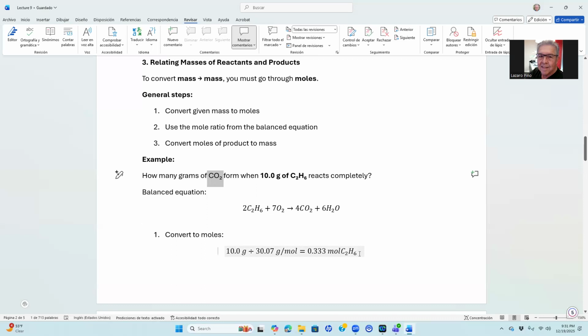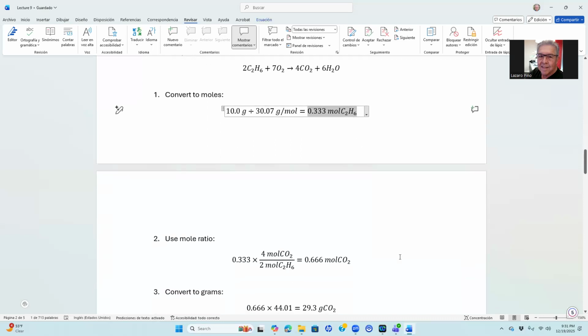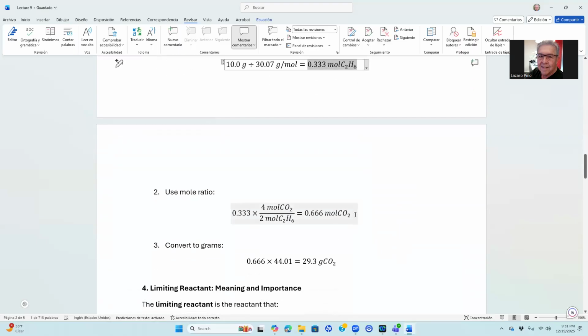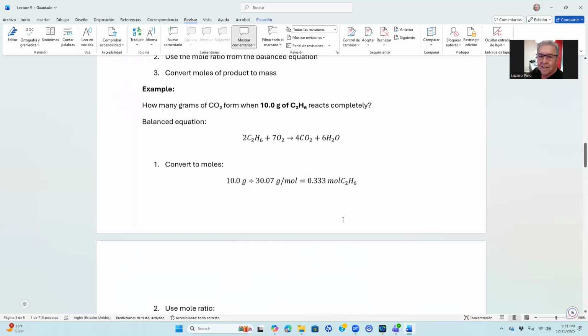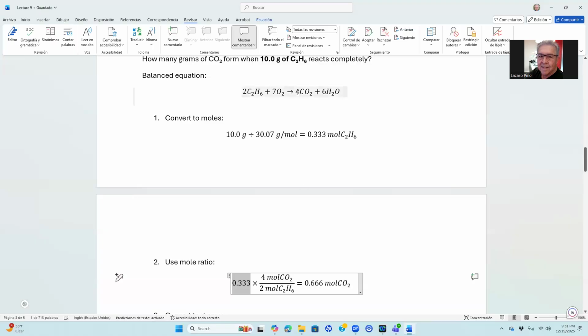Then you have to convert moles of this compound into moles of CO2. How can you do that? Well, if you have the moles of this compound, and according to the equation, you know that 4 moles of CO2 are produced from 2 moles of this compound.